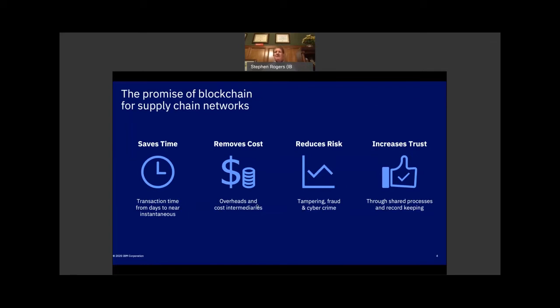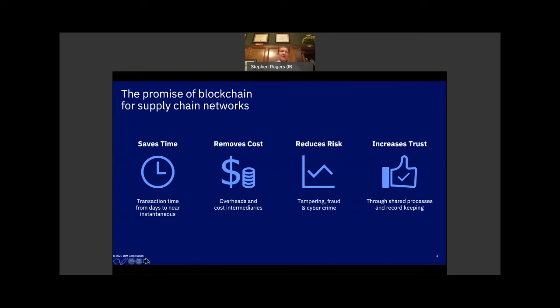It is tamper evident, and that's very important because it allows you to take corrective action. And lastly, it increases trust. And it does that because, if you are all looking at the same data, you're all participating in the approval of the transactions, how does that not increase trust?